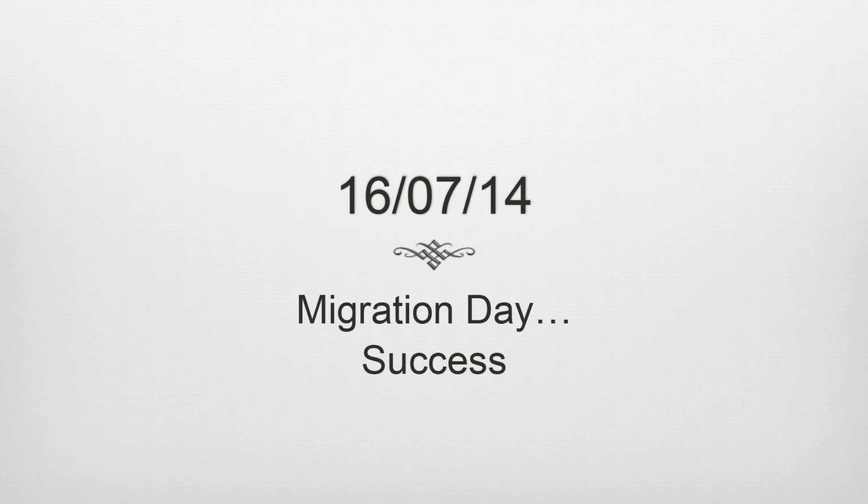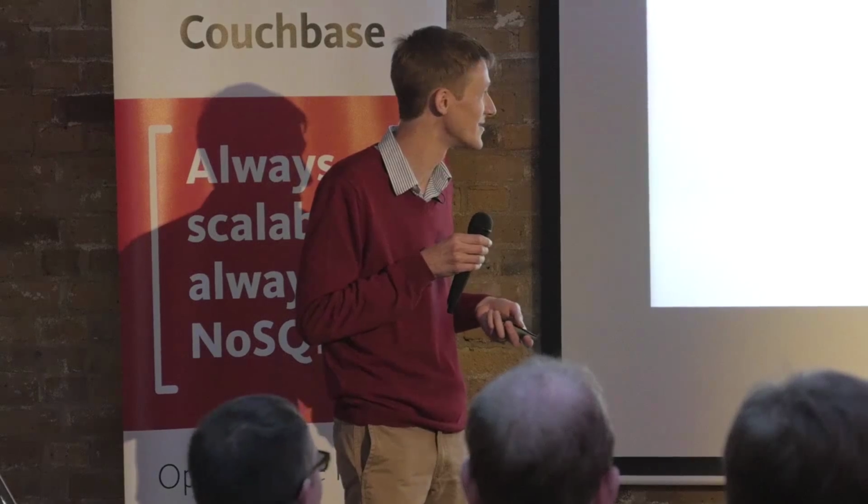On the 16th of July 2014, we actually went live. So that's 3 months and 4 days ago. We actually had pretty much of a success, because we didn't have to rely on some of the rollback strategy. It was smooth. And nothing to say, really.